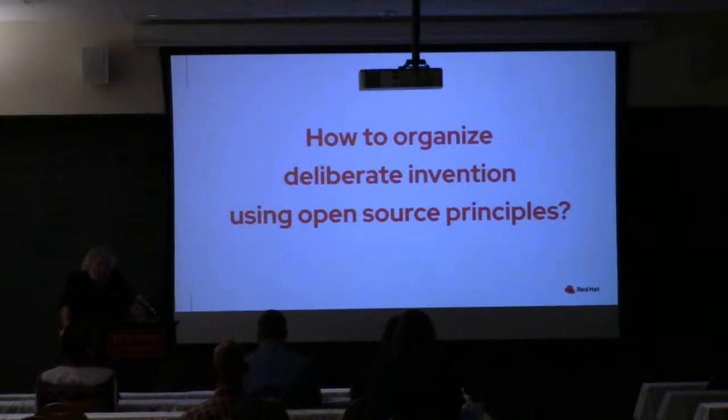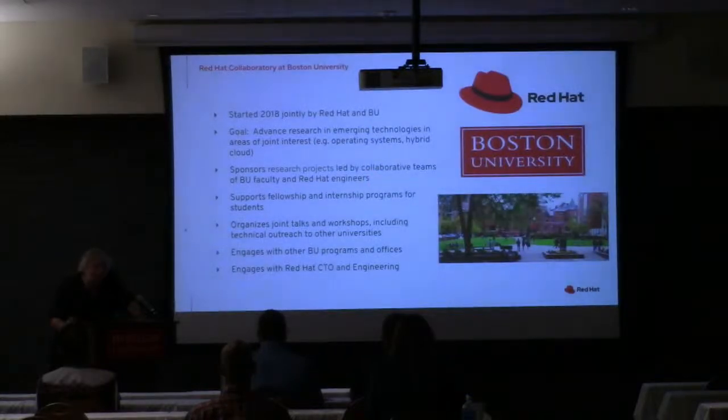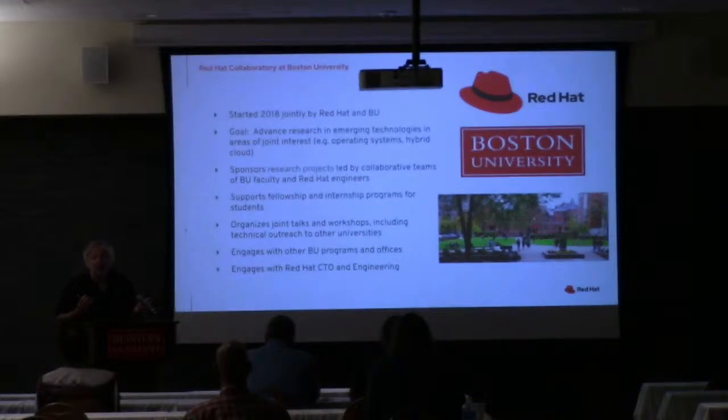So how do you go from this to organized deliberate invention using open source principles? There's a couple of people sitting in the second row who were very involved in doing this. And one of the results was the Red Hat Collaboratory at Boston University. Started in 2018, jointly by Red Hat and BU. The goal was to advance research in emerging technologies in areas that both organizations were interested in.